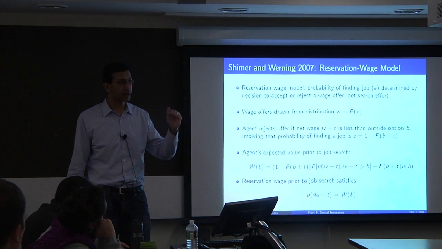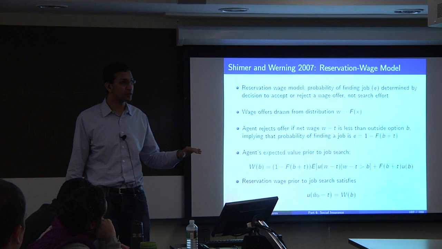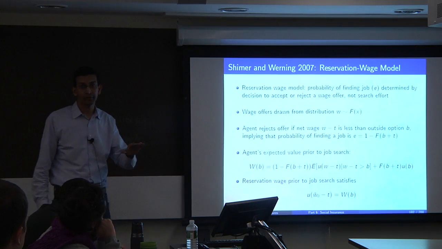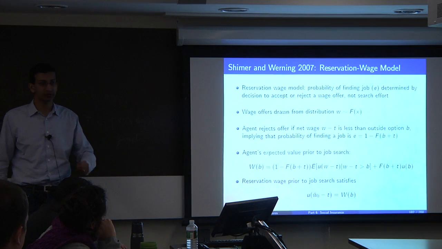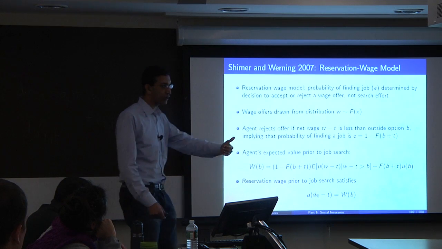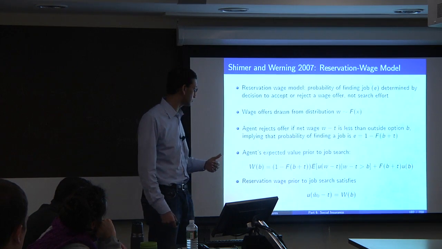What is the wage rate I'm going to have to offer you in order to make you indifferent between taking my current offer with certainty and going through the stochastic process of drawing offers? That's the way to think about the reservation wage prior to job search, right?